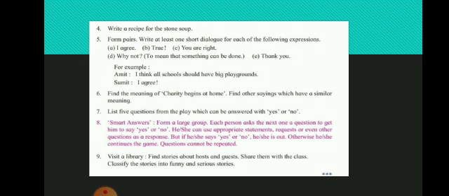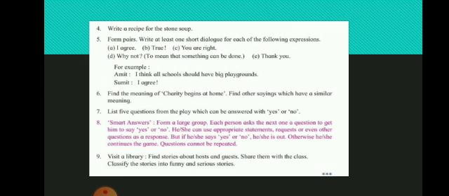Now next is smart answers. What is given? Form a large group. Each person asks the next one a question to get him to say yes or no. You can do this with your friends or with your family members.